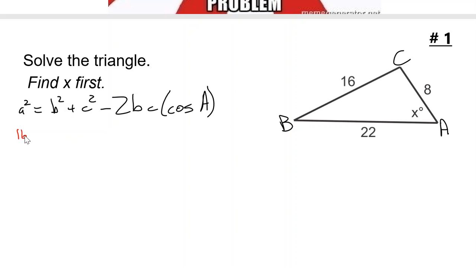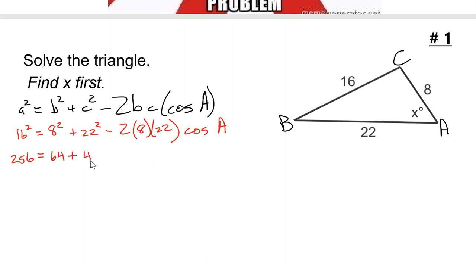Little a is 16. Little b is 8 squared. Little c is 22 squared minus 2 times 8 times 22 times cosine of A. So 16 squared is 256. 64, 484.